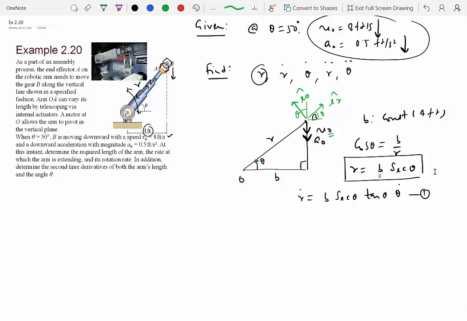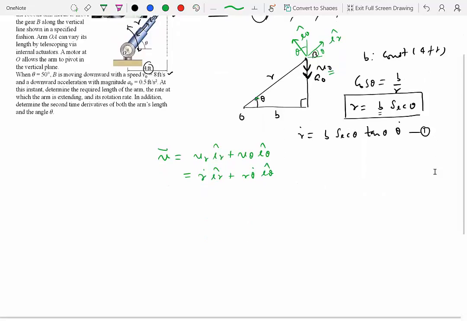Okay, so what is velocity? Velocity is given as velocity in the radial direction ER hat plus velocity in theta direction E theta hat, and this is nothing but R dot ER hat plus R theta dot E theta hat, right? Okay, so what angle is V making with any of these vectors over here? This angle is theta as well, right?